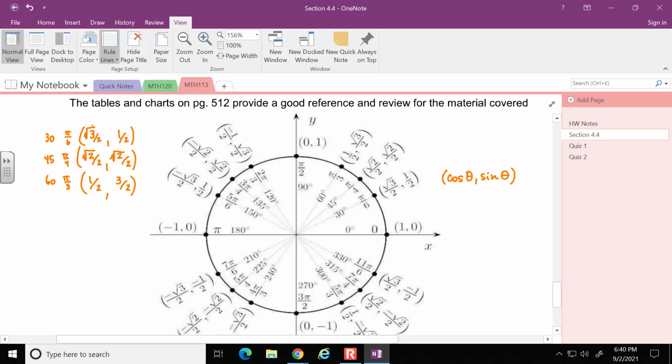Oh, square root of 3 too. I'm sorry. Those are square roots. So that's another way you can remember those coordinates, at least for those three, and then you can translate those to other points.